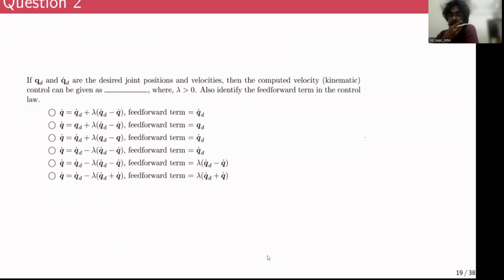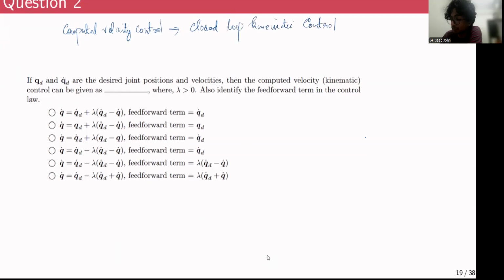We have just recalled what this computed velocity control is. This is essentially a closed loop kinematic control scheme, right?